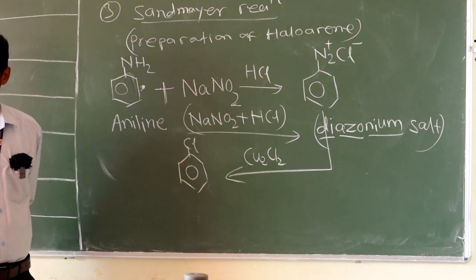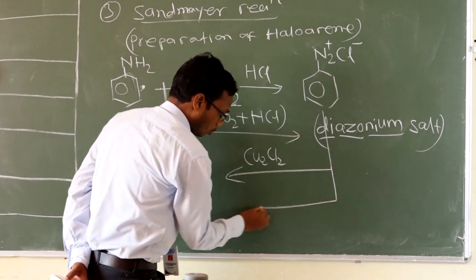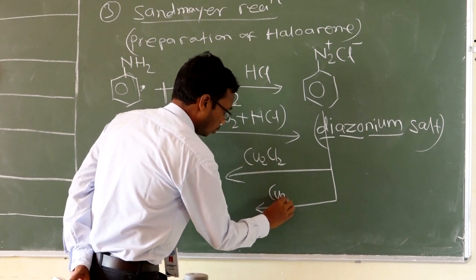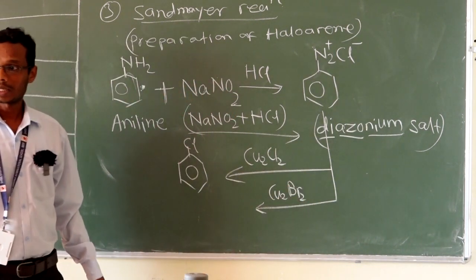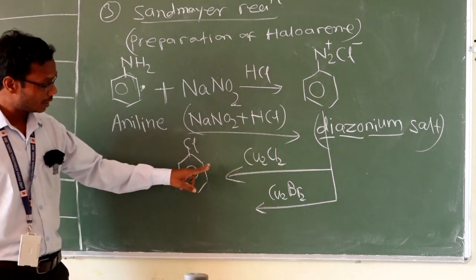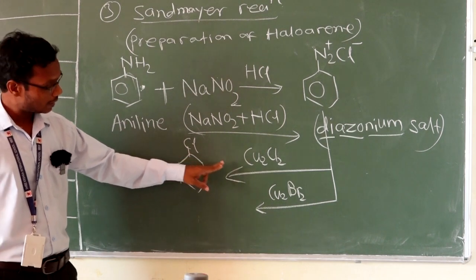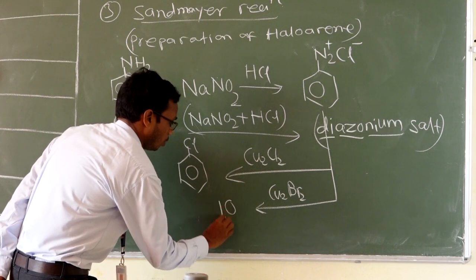Similarly, if you use Cu2Br2, that is bromine, the product will be bromobenzene.